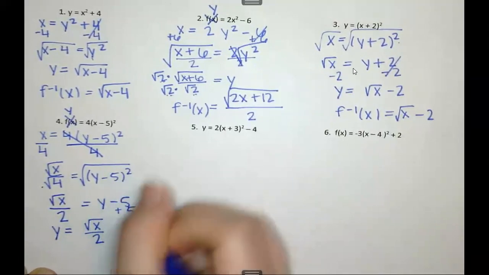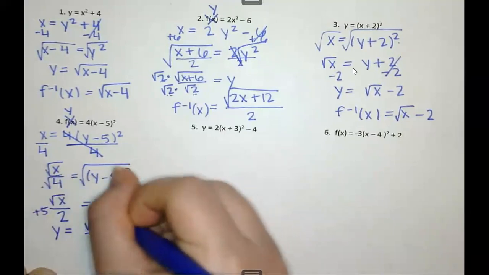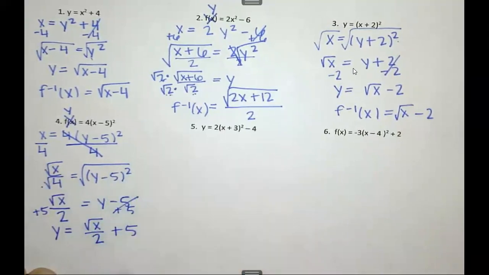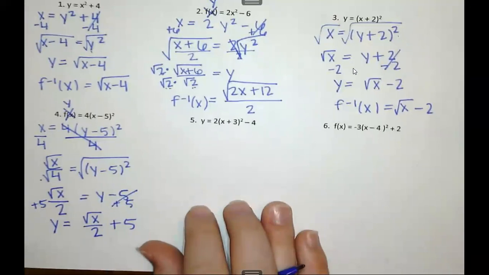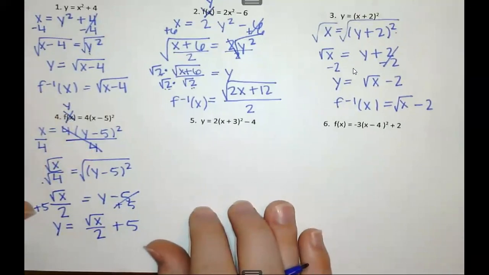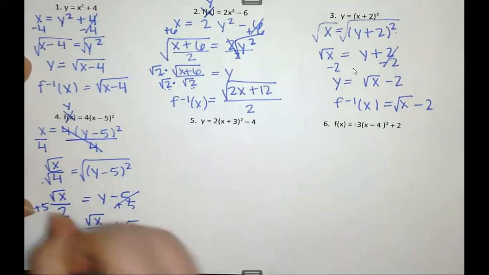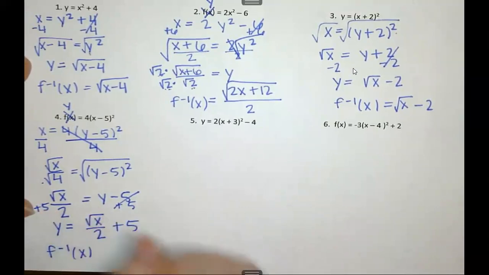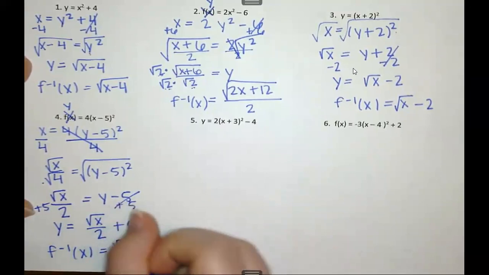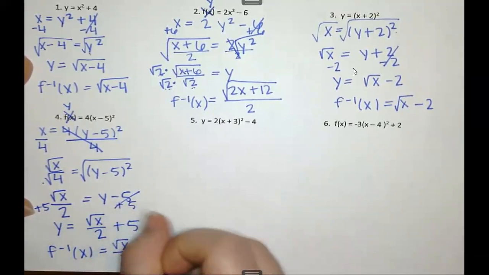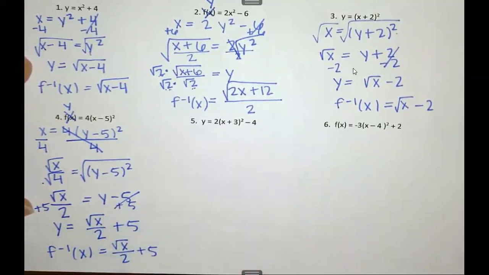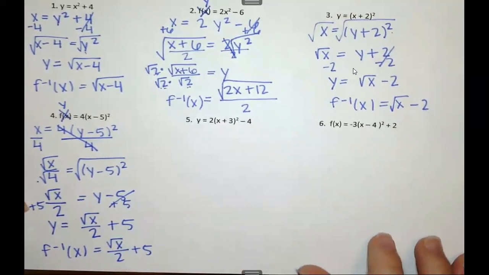And to move it over here, I had to add that 5. So I'm going to have plus 5 on the end. And my last step is to replace y with the inverse. And there's my answer.